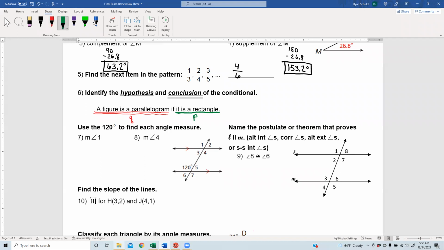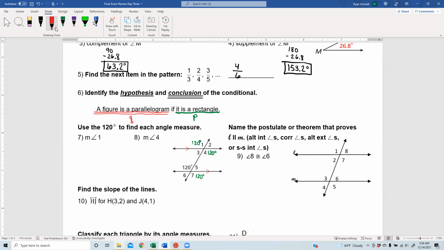So go through, since they give us an obtuse angle of 120, and fill in all your obtuse angles saying that they're 120. So 7 is 120, 4 is 120, 1 is 120.